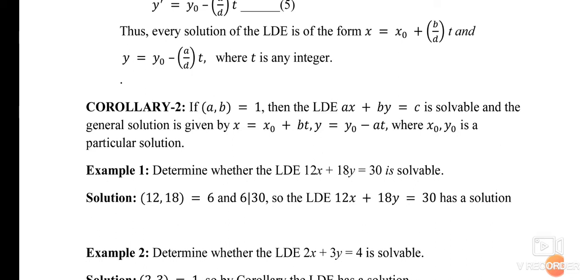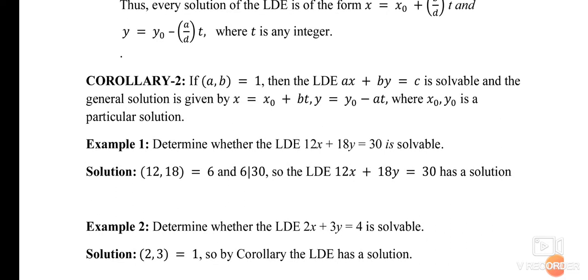So, next we solve some problems. See example 1, determine whether the LDE 12x plus 18y equal to 30 is solvable. That is, in this problem we are going to find whether a solution exists or not for this LDE.